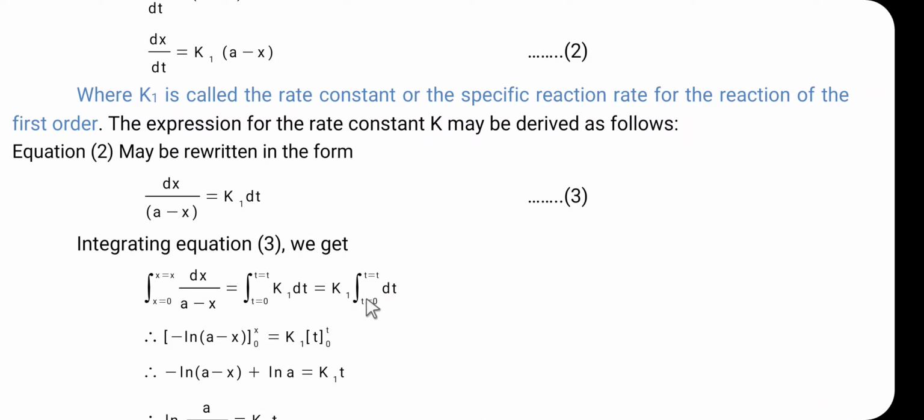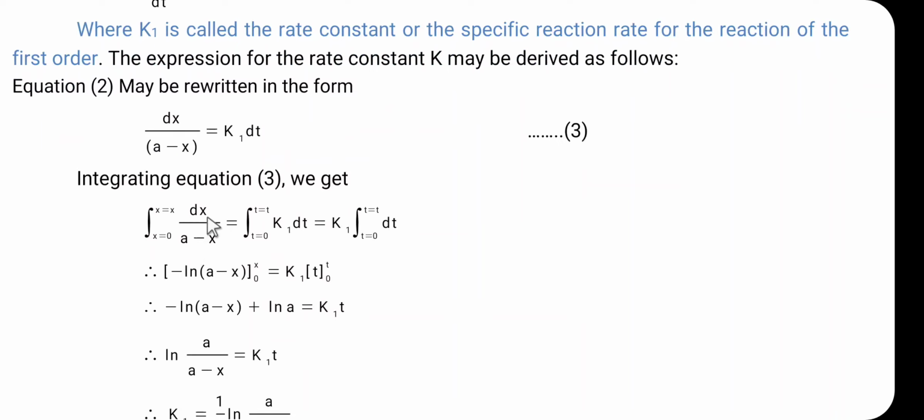So k1 into the integration of dt from 0 to t. The integration of dx upon (a minus x) is minus ln (a minus x), with limits from 0 to x, and the integration of dt is t from 0 to t.